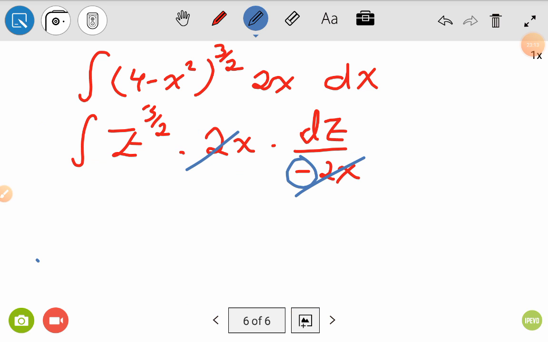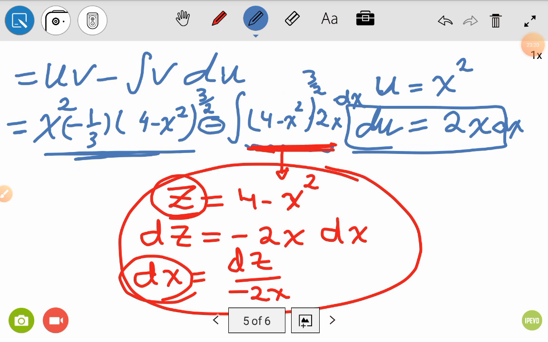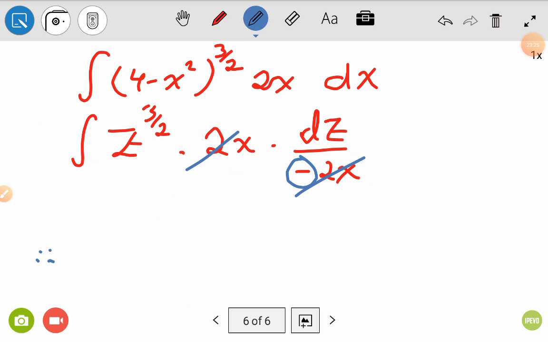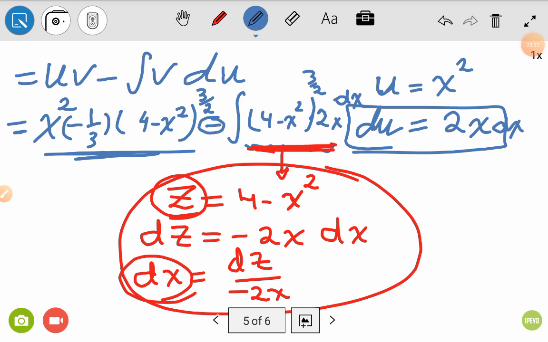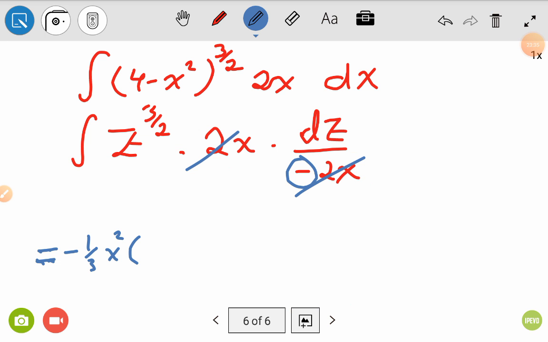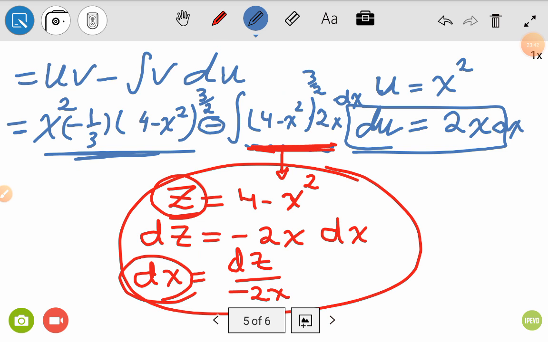So your final answer is negative 1 over 3 x squared times 4 minus x squared, and this all to the power of 3 over 2. I took this part the same, and this minus will be plus since we have here minus.